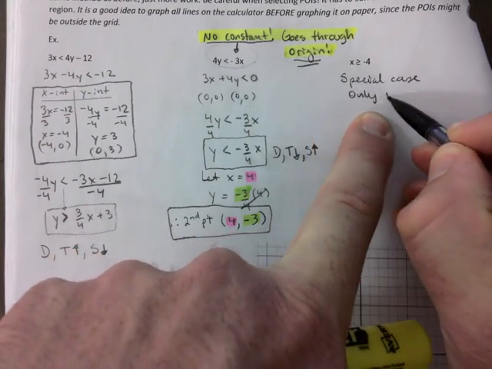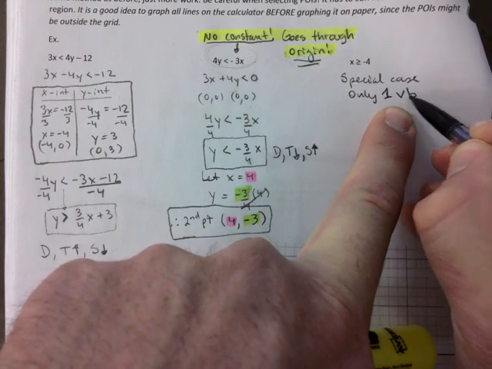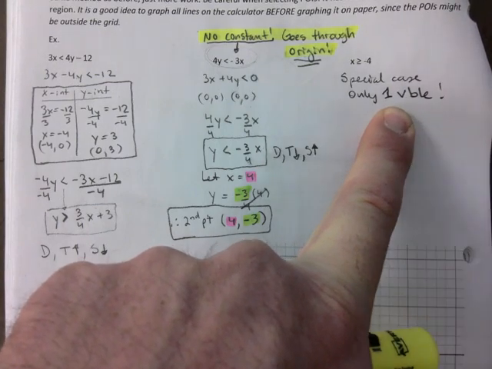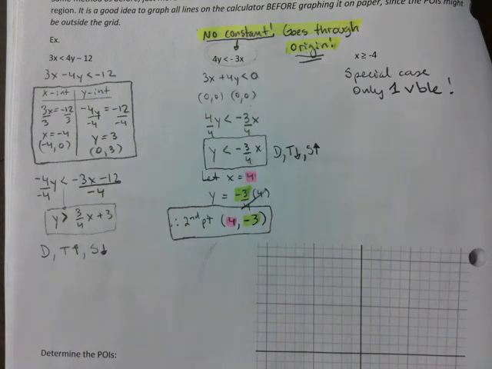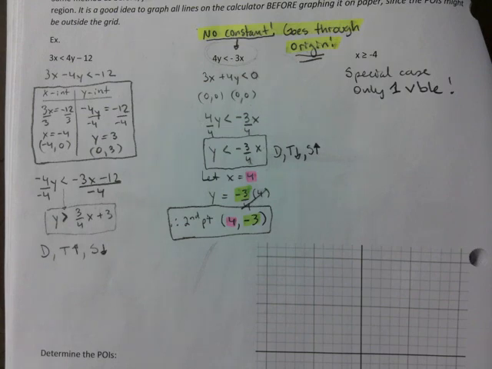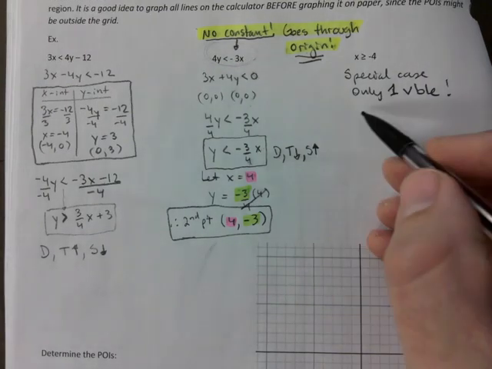Only one variable. Okay. So if it's just y or just x, those are easy. Those are really easy, except for if you mix them up, which some of you did on the AC. You graphed your x horizontally as opposed to vertically. So you need to make sure you have that on your study sheet.